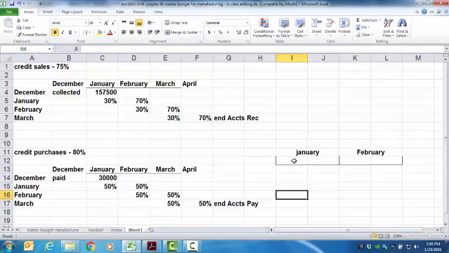So if a typical month is 30 days, then this first block would be 15 days, this second would be 15 days, and so on. Now recall, if you buy something on credit and pay within 15 days, you get a discount of 2%. So if I buy somewhere in this first 15 days, I better be paying for it over here, which would be within 15 days, so I could get a 2% discount.